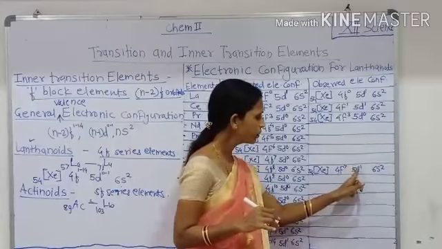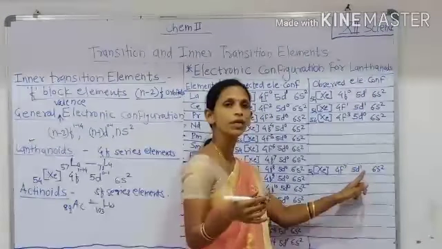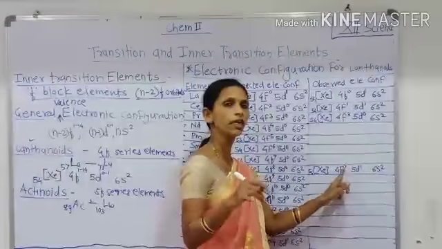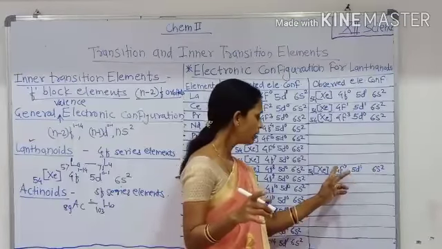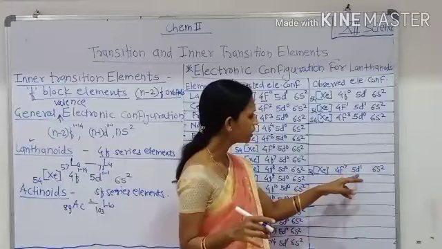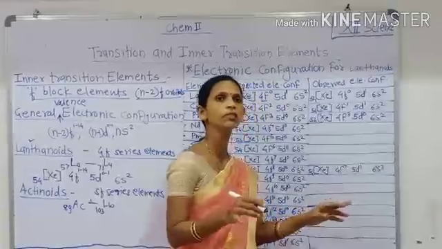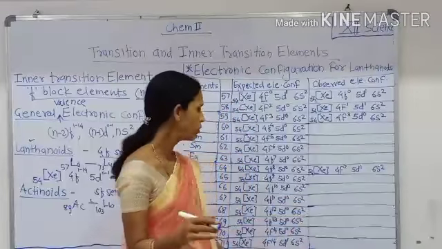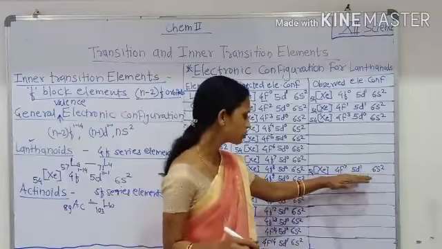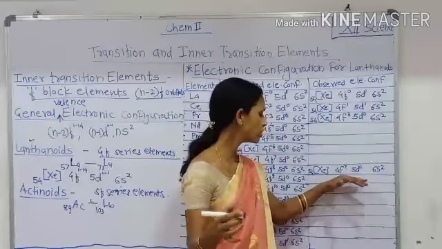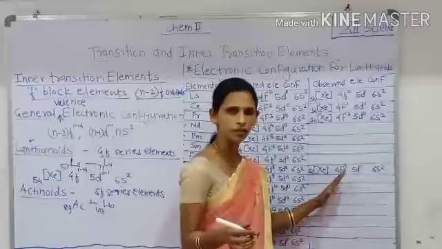If the 5d orbital were empty, then the 4f orbital would have 8 electrons. Because 1 electron enters the 5d orbital, the 4f orbital becomes half filled, that is 4f7 for gadolinium, and this configuration is to maintain more stability for the element.